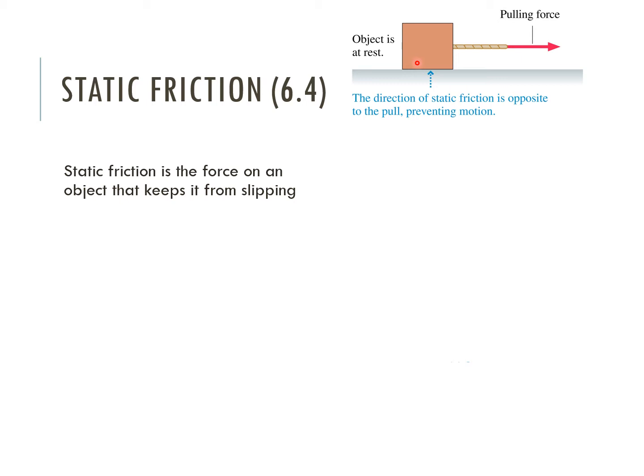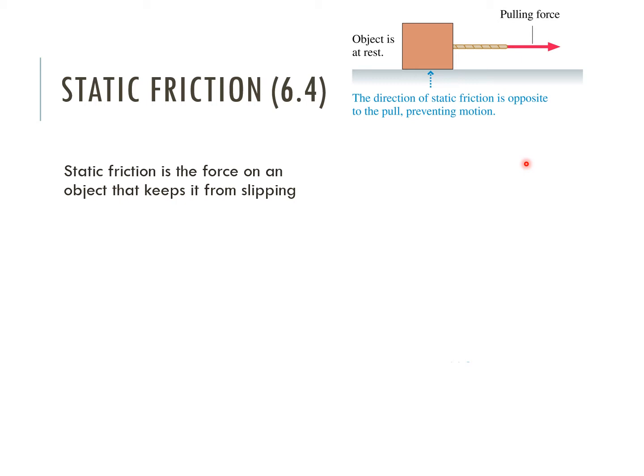It's going to take you some effort. So the direction of the static force is opposite to the pull, which is going to prevent our box from moving. So here static friction is preventing us from moving, so it would have to point to the left. That is the direction the static force would have to point in this given situation.